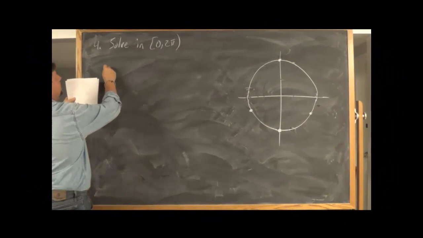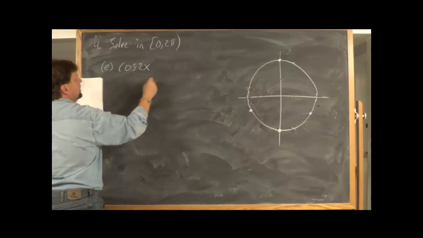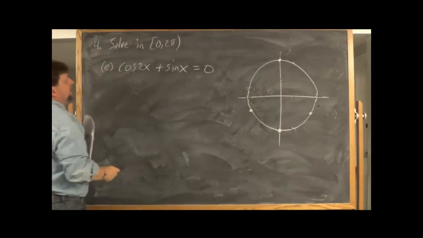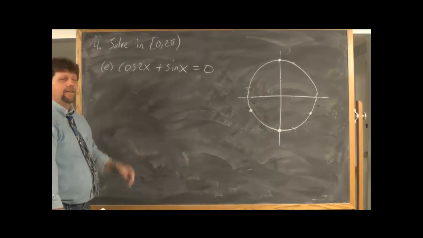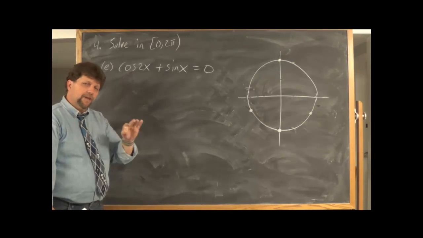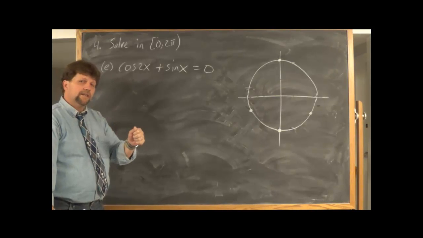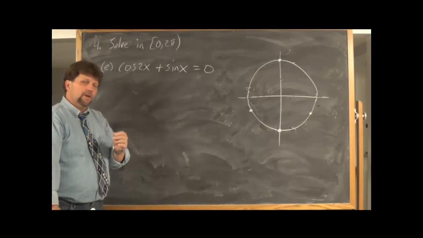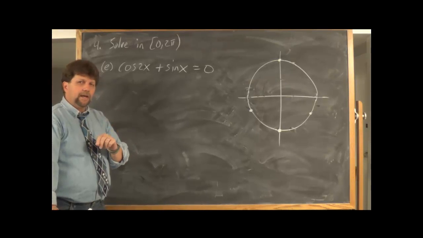Okay, part E, you have cosine 2x plus sine x equals 0. Well, similar to part D, I'm going to have to use a double angle identity. But remember, cosine 2x has three different ways to rewrite it. It has three different identities: cosine squared x minus sine squared x, 2 cosine squared x minus 1, or 1 minus 2 sine squared x.